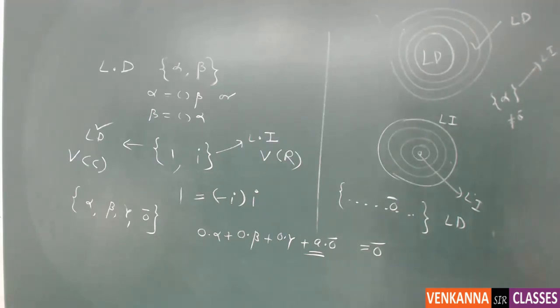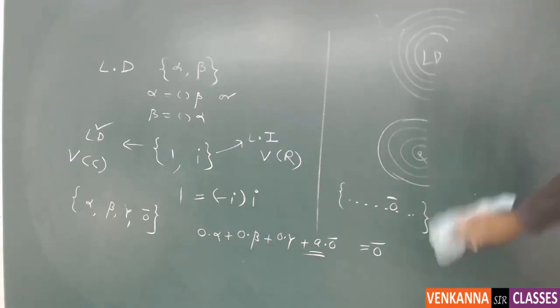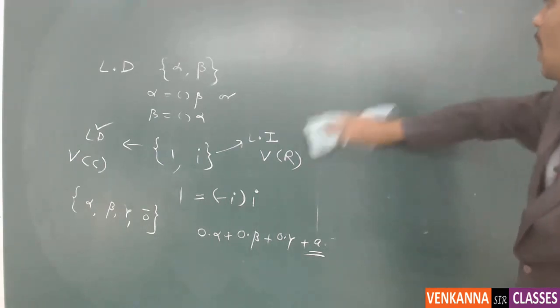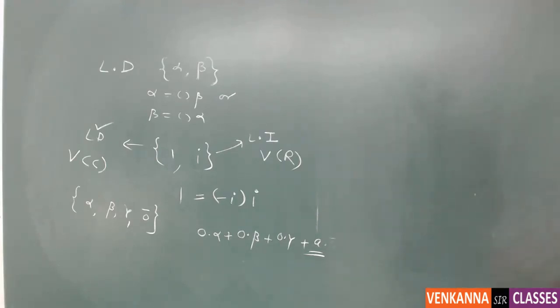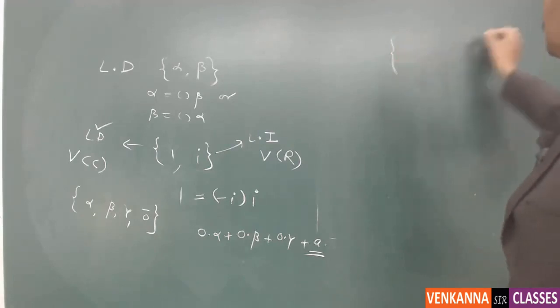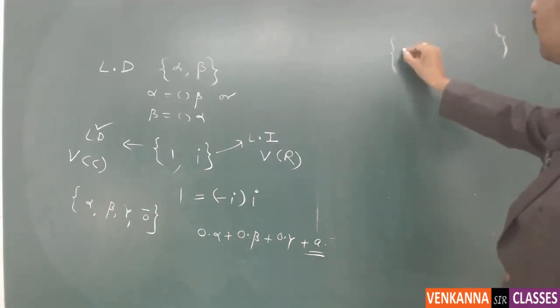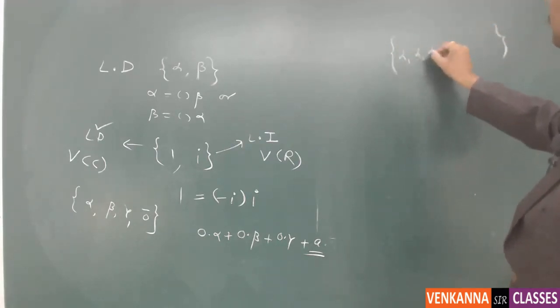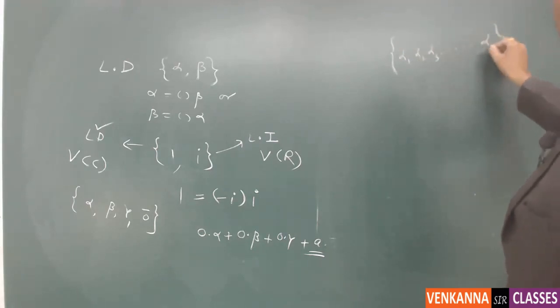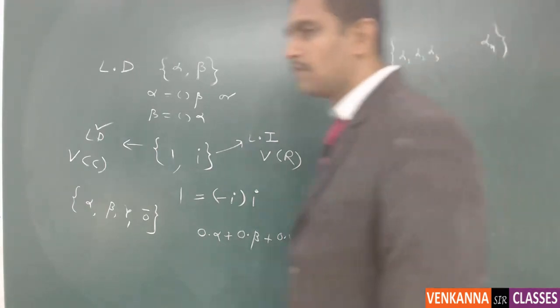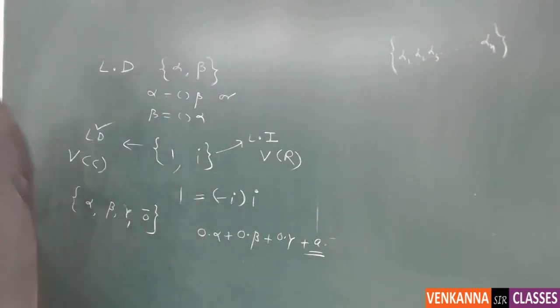And while proving problems, one good result is there, on how to check whether a set is linearly dependent or not. Suppose I have taken a set of vectors like this: alpha 1, alpha 2, so on, alpha n.